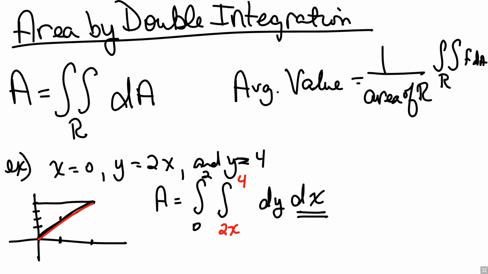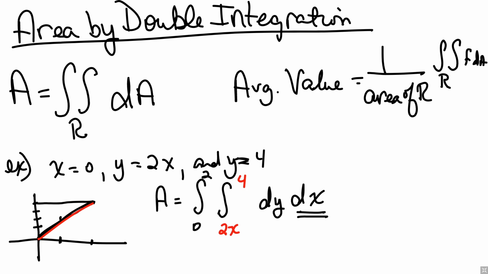One thing you always want to keep in mind when setting this up: when you graph the region, if they give you an upper bound as a horizontal line, and the other piece is a line going to it, then you want to go from the function to that line, whatever the value of that line is. The same works if it's from side to side.